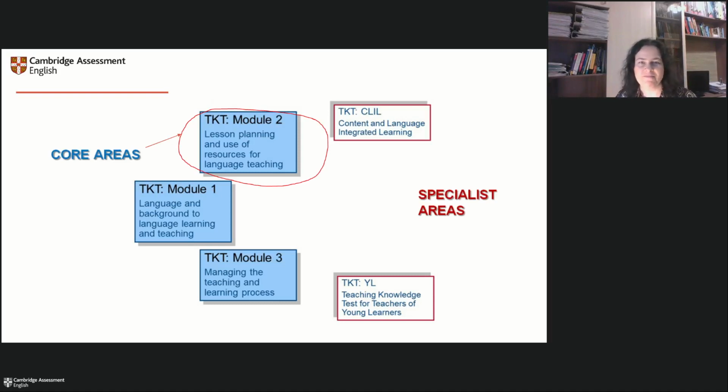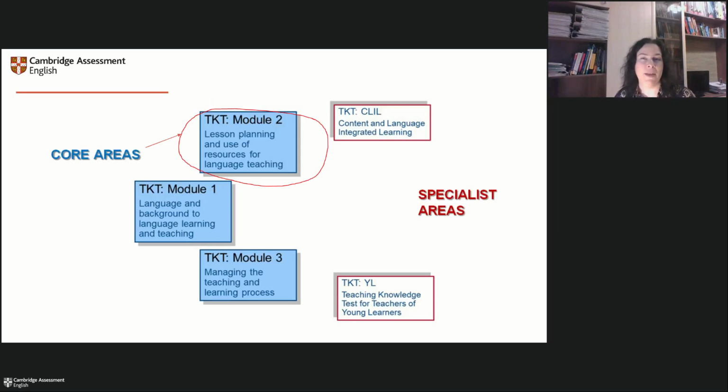All right. So the first module is the basis. All the theories were there. Now we are moving to something more practical, but we'll be keeping in mind the principles that we have already brushed up on. So there is lesson planning here, and using different resources.